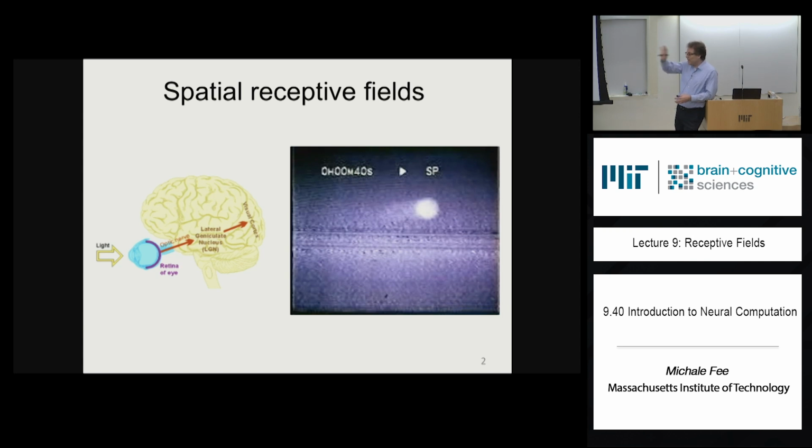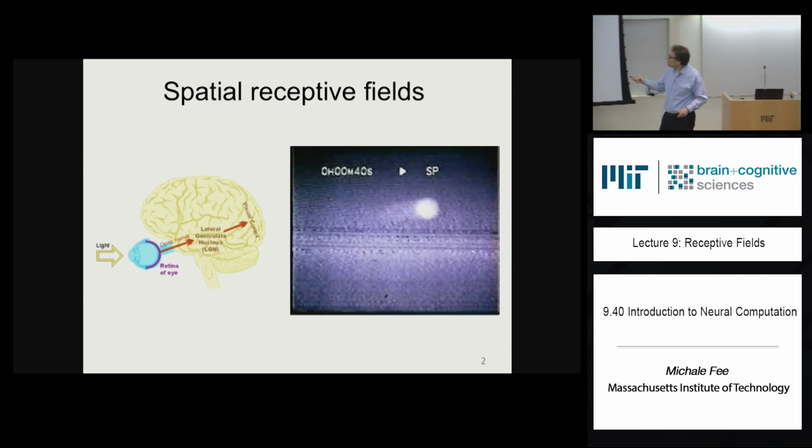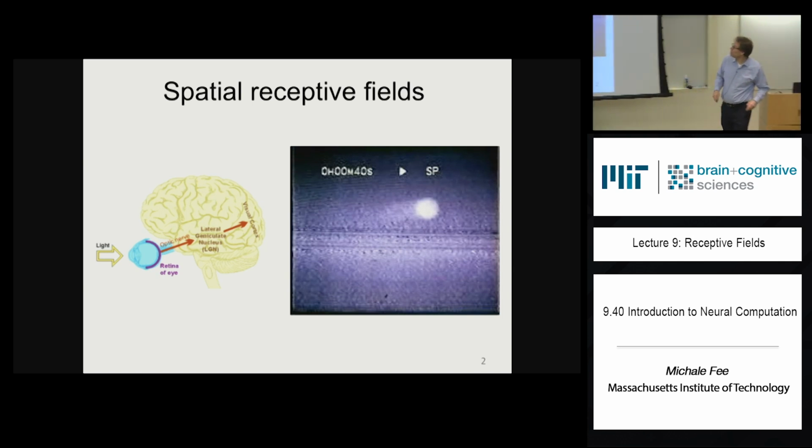They open the eye, and the cat is now looking at a screen where they play a visual stimulus. They did this with essentially a slide projector that they could put a card in front of, with a little hole in it, that allowed a spot of light to project onto the screen. Then they can move that spot of light around while they record from neurons in visual cortex and present different visual stimuli to the retina.